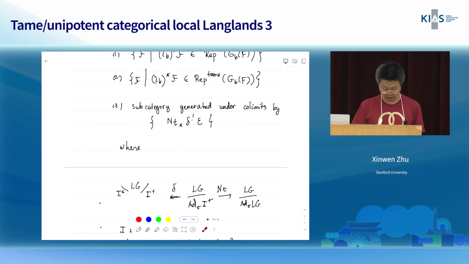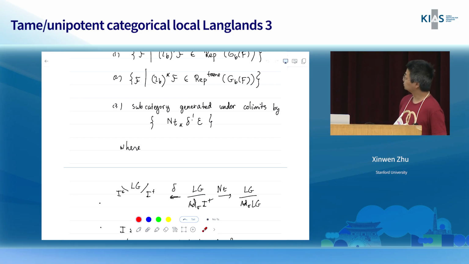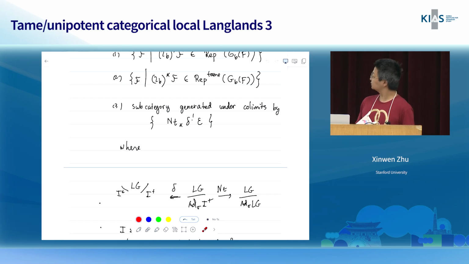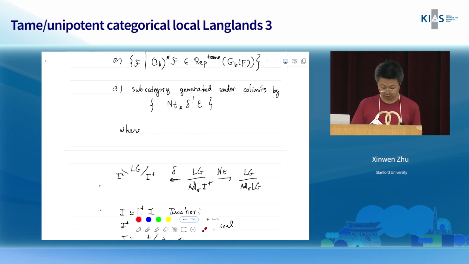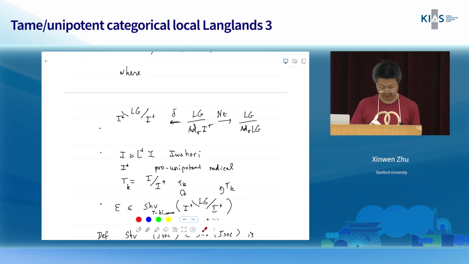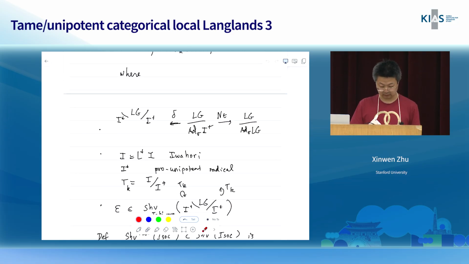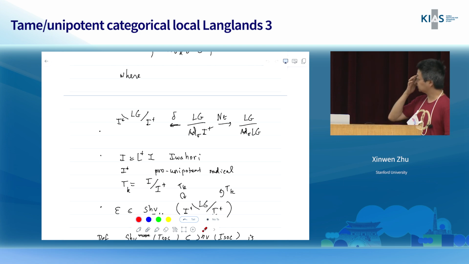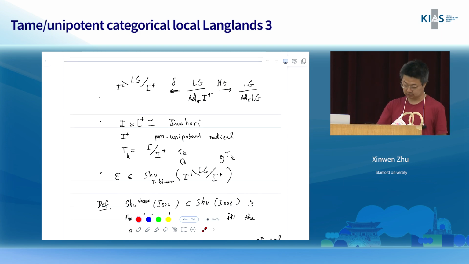So it's a pull-push from sheaves on LG mod I plus, the pull back and push forward, where I plus is the pro-unipotent radical, and the sheaves here are some so-called monodromic sheaves, torus equivariant. Okay.